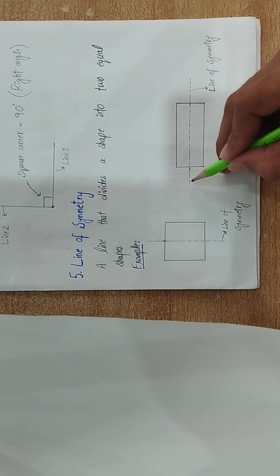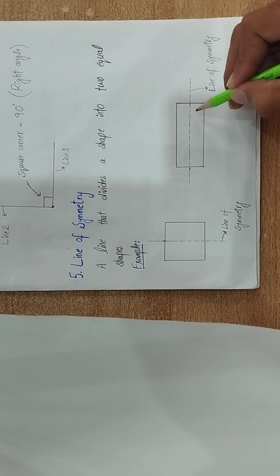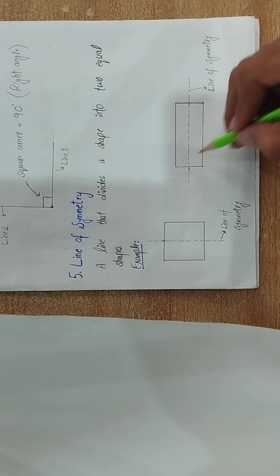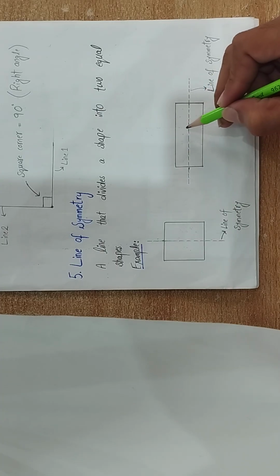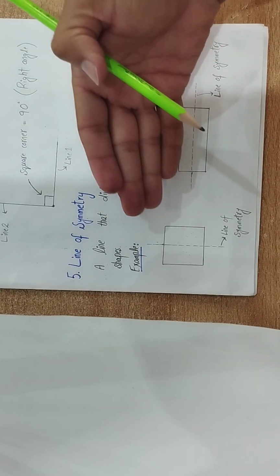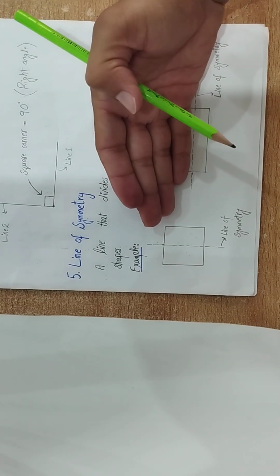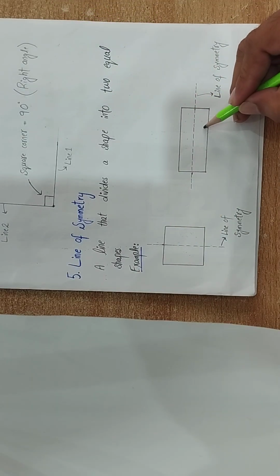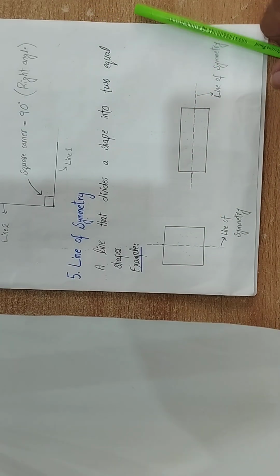Similarly, this line is the line of symmetry for this shape because it is dividing this rectangle into exactly two equal parts, which means if I take this part and fold it onto this second part, they will exactly fit onto each other.